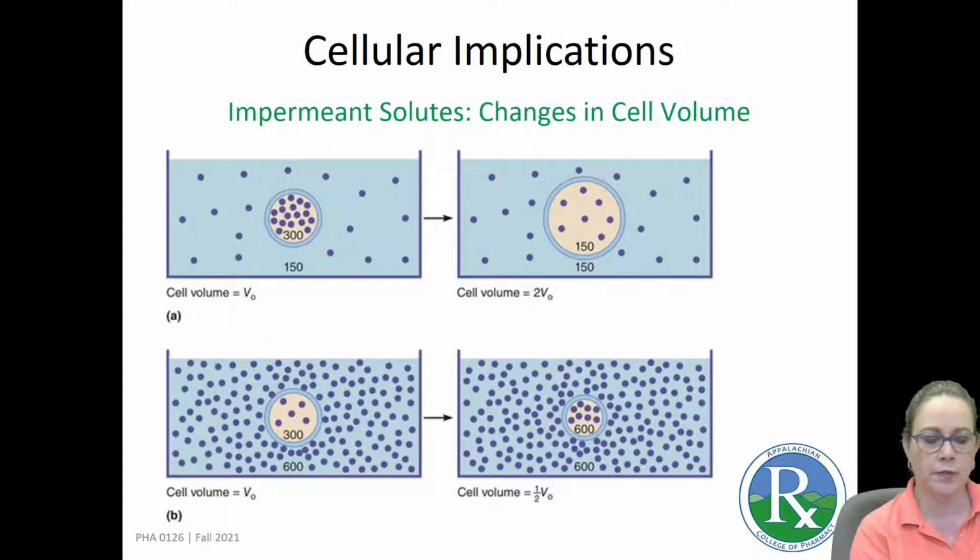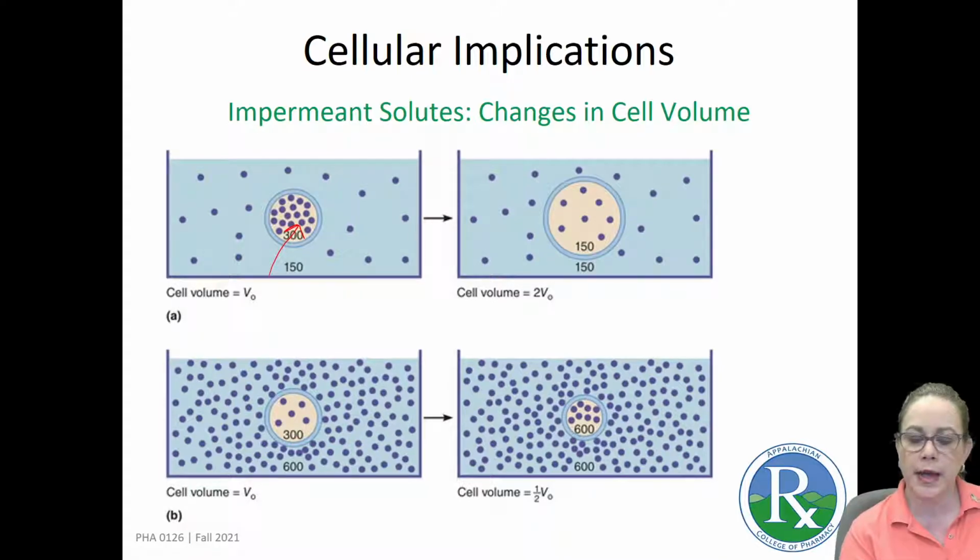If we look at our panel A, we have a 300 milliosmolar solution inside the cell, which is what we use as our standard osmotic concentration inside the cell. Outside the cell is 150, so a lower concentration. That means that water is at a higher concentration outside the cell than inside the cell, so it's going to move inside the cell with its concentration gradient.